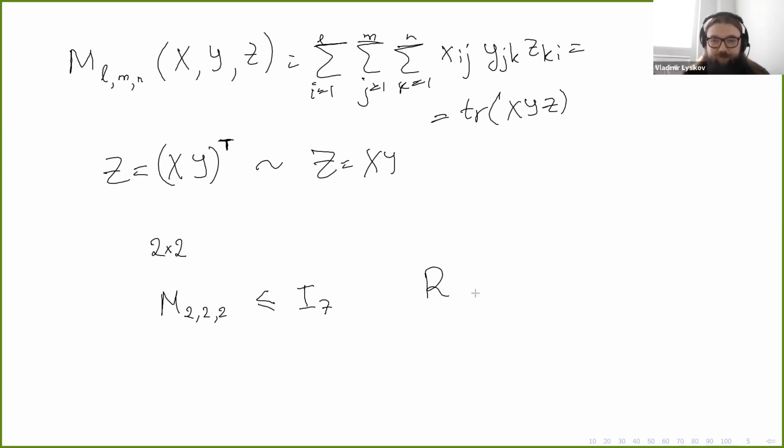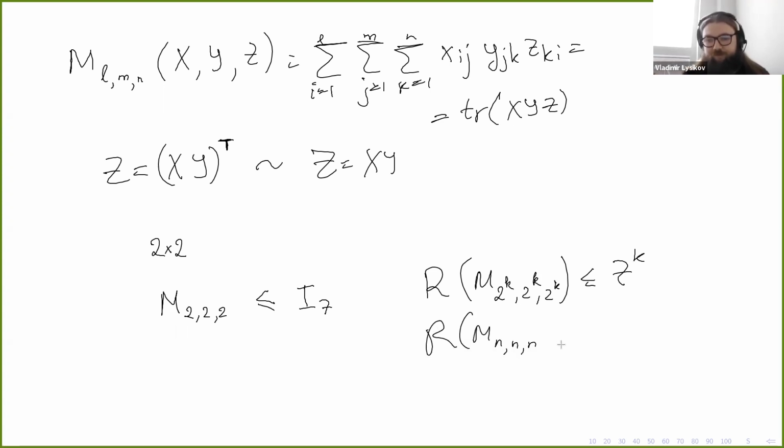So we can then use this algorithm to multiply block matrices and analyze the complexity and get that the rank of 2^k matrix multiplication is at most 7^k. Or for arbitrary size, it would be O(n^{log 7}).